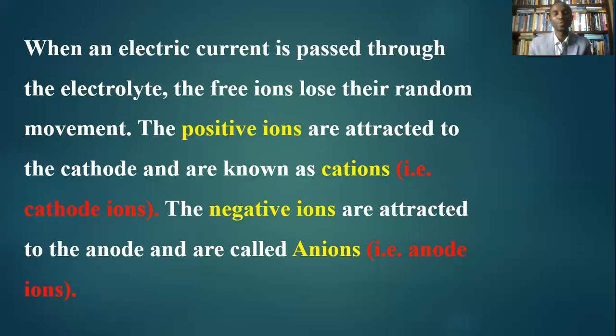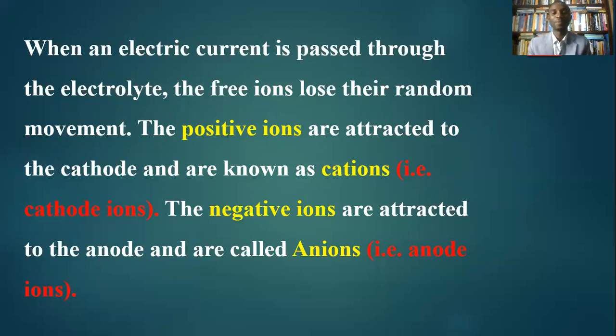Then the positive ions are attracted to the cathode. And we call those positively charged ions cations. Why? Because they move to the cathode. They are attracted to the cathode, and that is why we call positively charged ions cations.